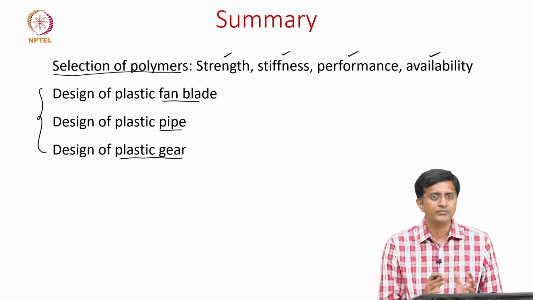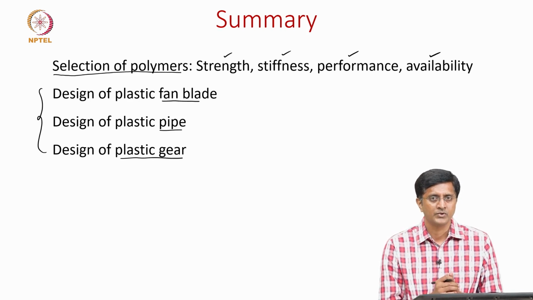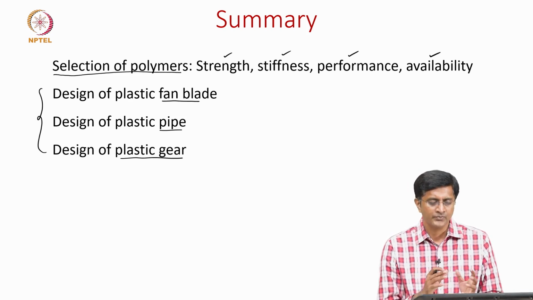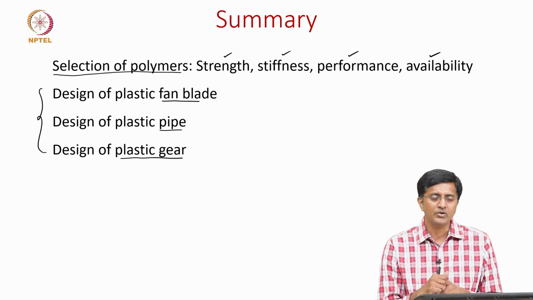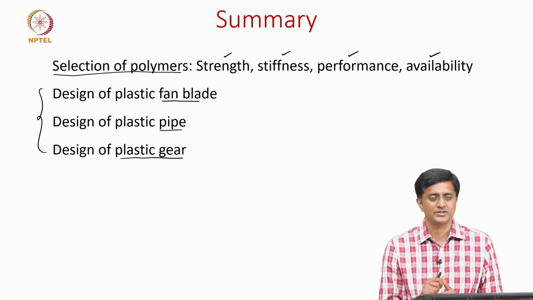In fact, this is also the last video in this first part of the course, which is on polymers. So, just to give a quick recap before we move on to the next topic of composites, we started in week 1 looking at the microstructure of these polymers and tried to connect that microstructure with the mechanical properties.